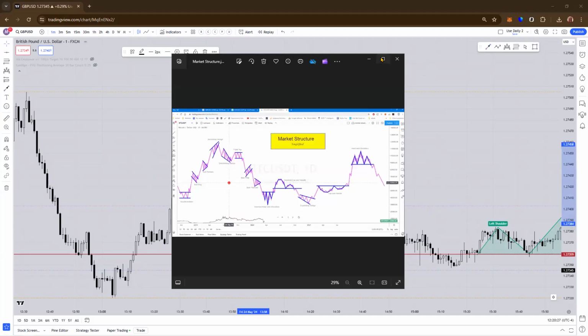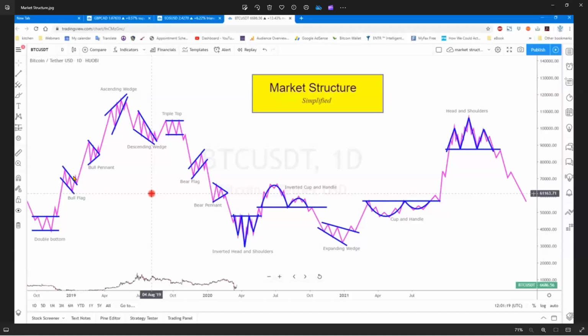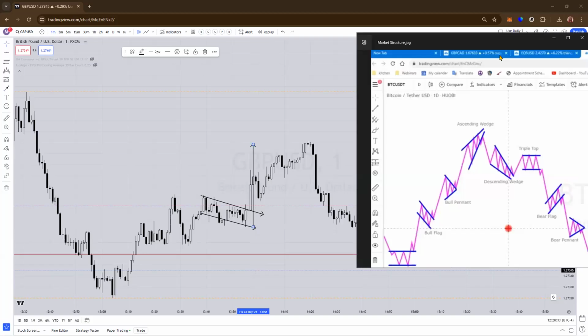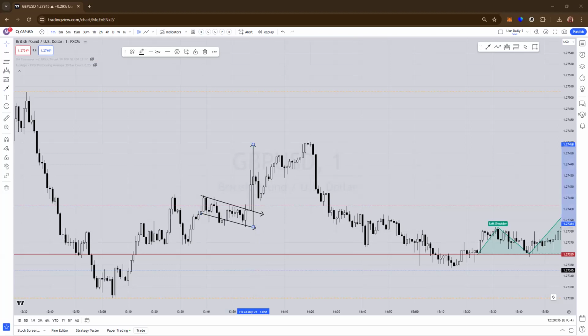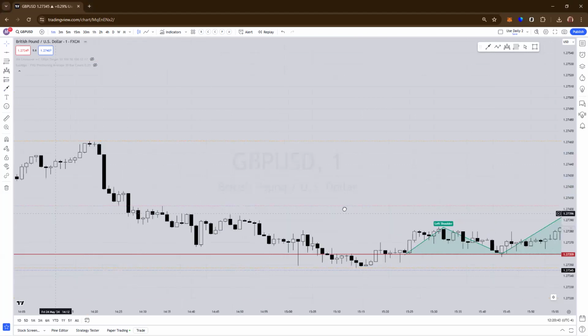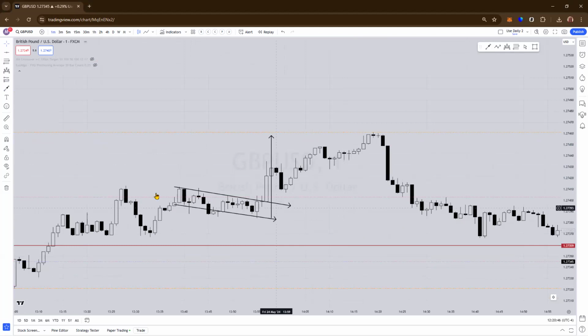Bullish flag, which is this right here. So this is a bullish flag, okay? It came out, came back and touched this line, bounced off the line, and continued its journey going higher. So that's a bullish flag, okay?